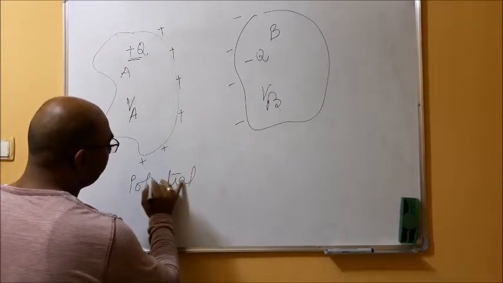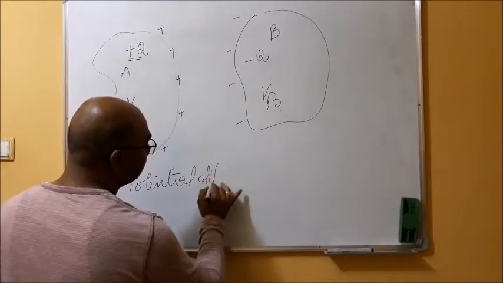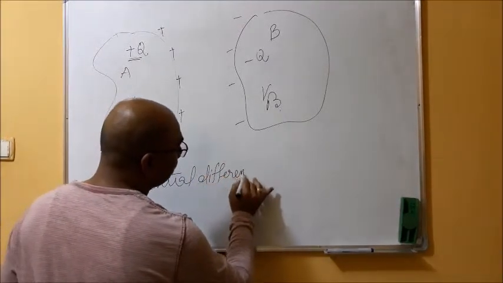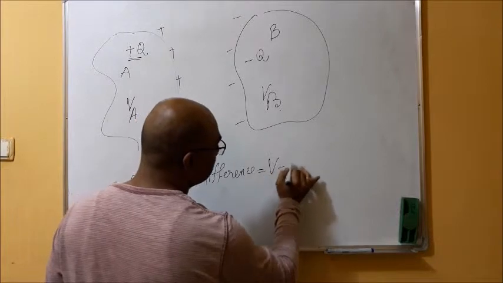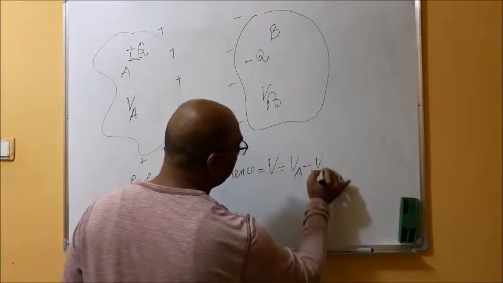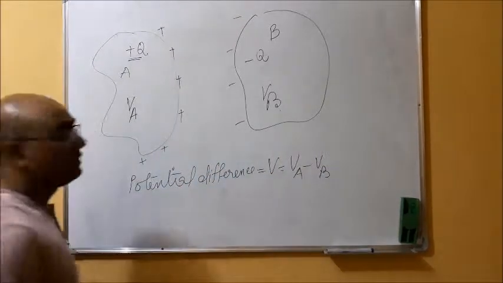The potential difference, suppose I am saying it V, is given by VA minus VB.